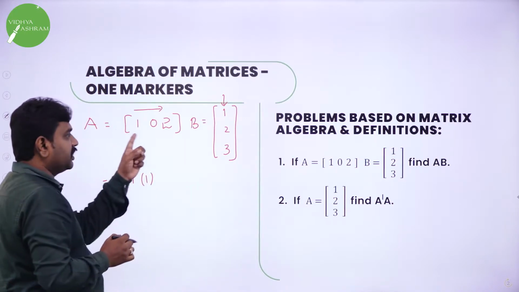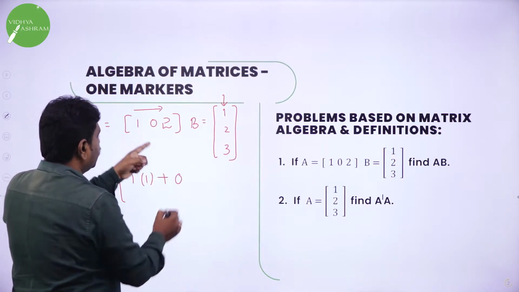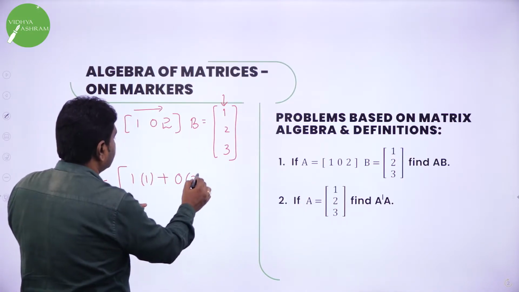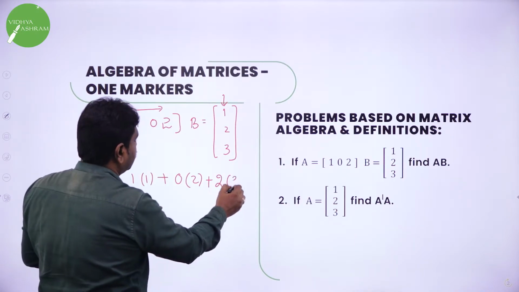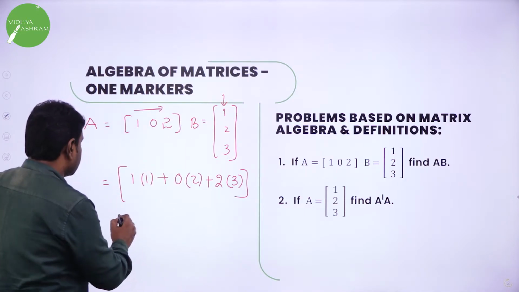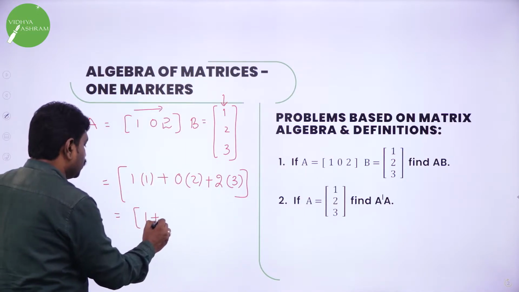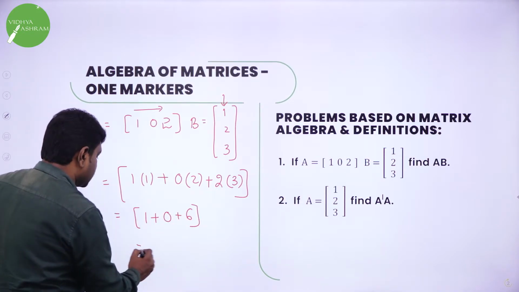First row first element into first column first element plus first row second element into first column second element plus first row third element with first column third element. So row with column you multiply and add. So now 1 1s are 1 plus 0 2s are 0 plus 2 3s are 6. So you will get the answer as 7.